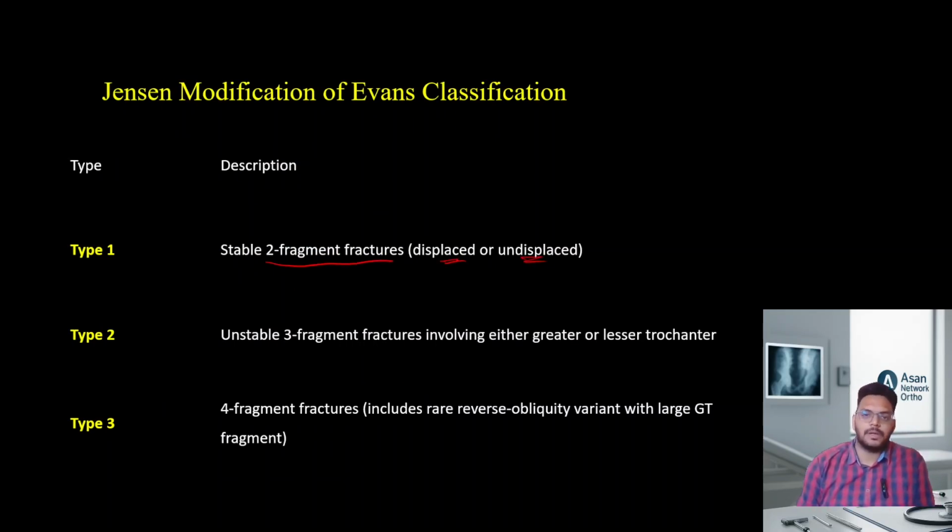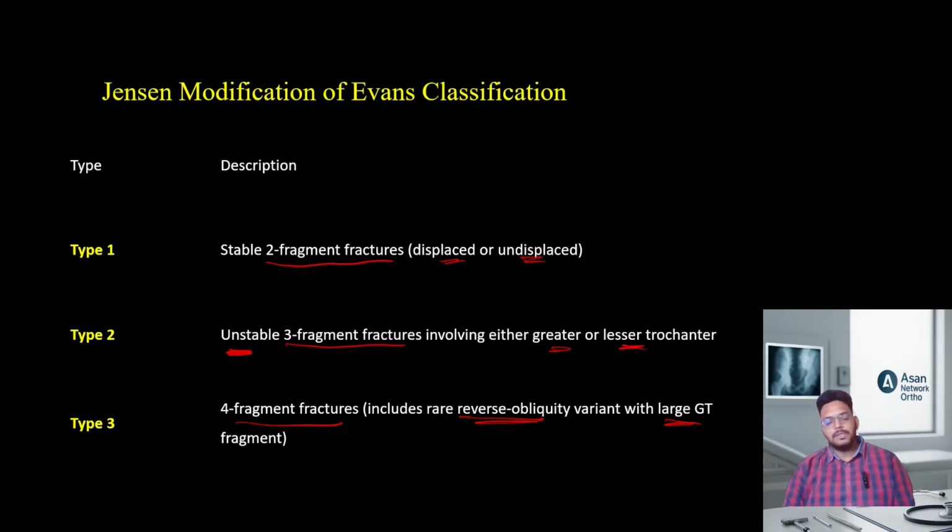Whether displaced or undisplaced, it is a stable 2 fragment fracture, type 1. Type 2 is an unstable fracture with 3 fracture fragments. It may be involving the greater trochanter or the lesser trochanter. Then type 3 is a 4 fragment fracture that may include the rare reverse oblique variant with a large GT fragment. This is Jensen's modification of Evans classification.